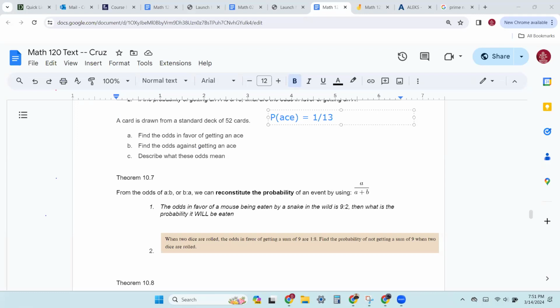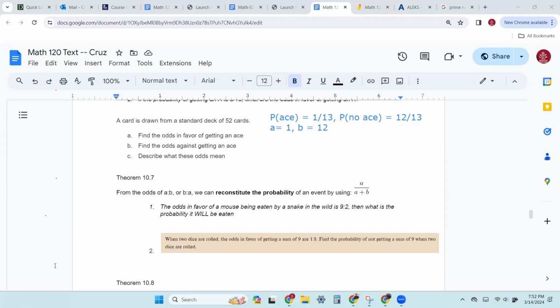Remember that? Because it's 4 over 52, which simplifies down to 1/13, because out of every 13 cards, in a suit of cards, there's one ace. So the probability of no ace is 1 from 13, so that's 12/13. So in this case, A is equal to 1, B is equal to 12.